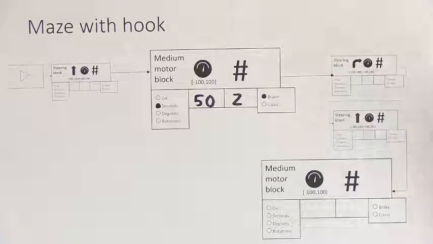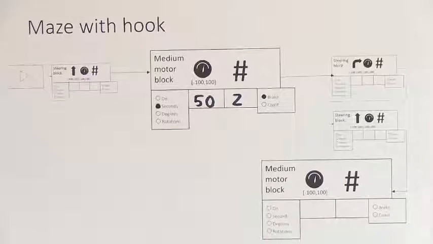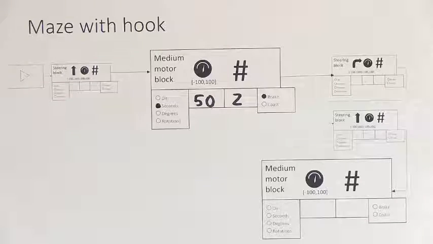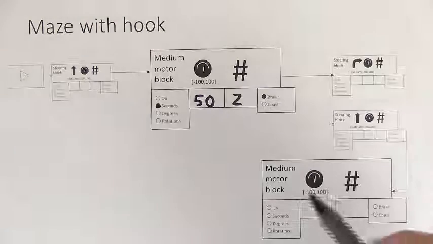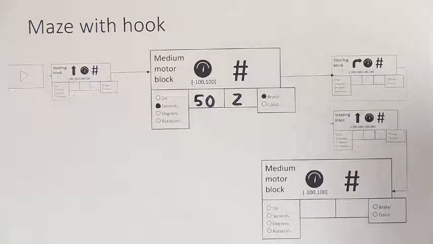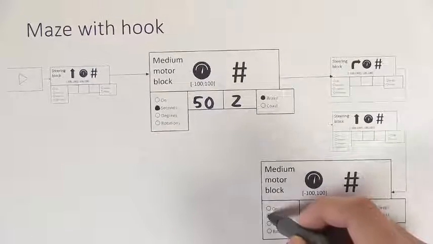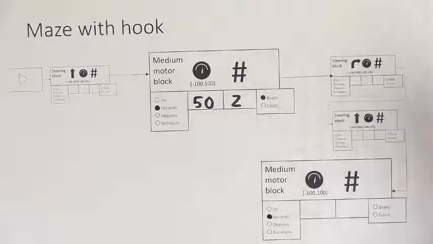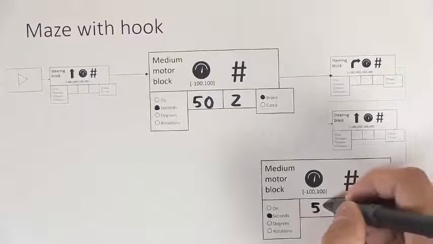So now let's take a look at the next motor block, which is going to be lowering the hook itself back towards the ground. So once again, we would like it to be in seconds. And this time, we're still wanting a magnitude of 50.